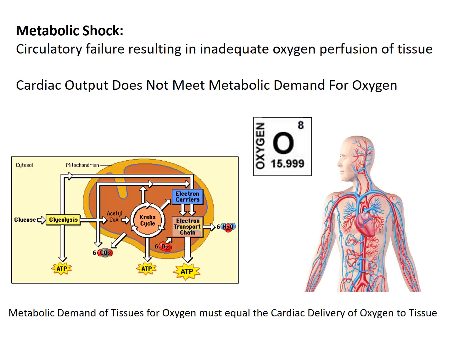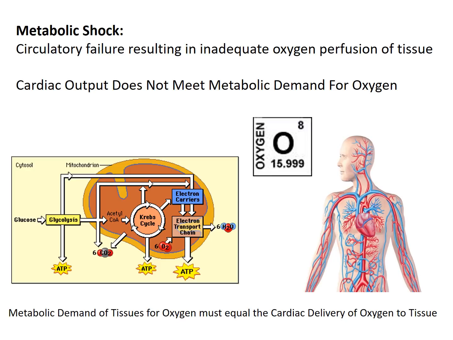Why do we need oxygen? We're not going to get into all that all over again, but remember, as we break down substrate for energy, the terminal step, if you will, in aerobic metabolism is the utilization of oxygen in the mitochondria to generate ATP.